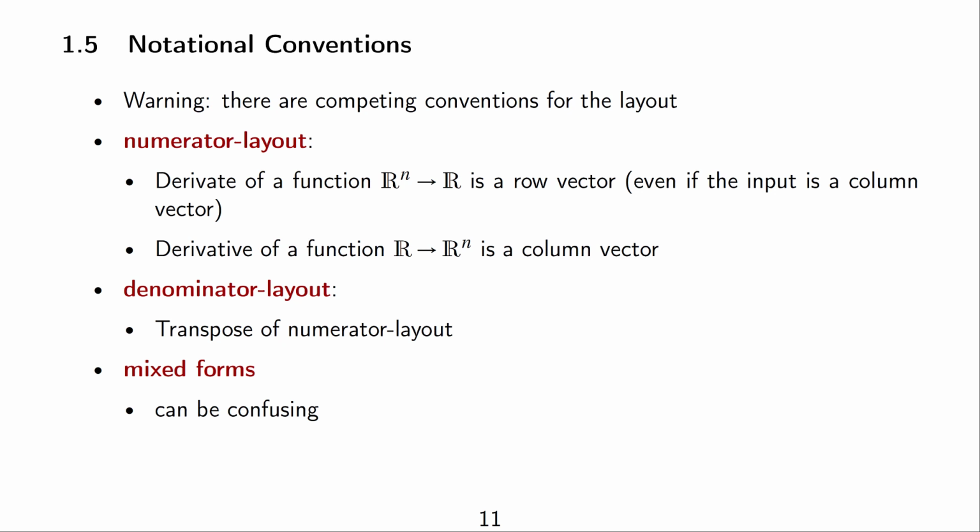So what you see is that a bit later there will be many other choices how to orient something, but it's important to remember these two are some of the main ones, and it is important also to remember that some of these layout conventions are mixed, and it's important to be careful, especially when you go to matrices as input and output, or even higher order tensors.